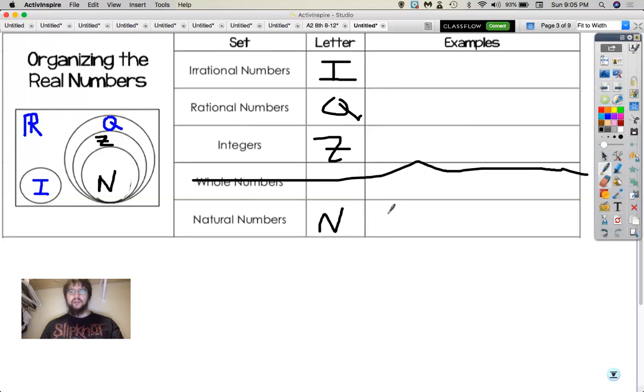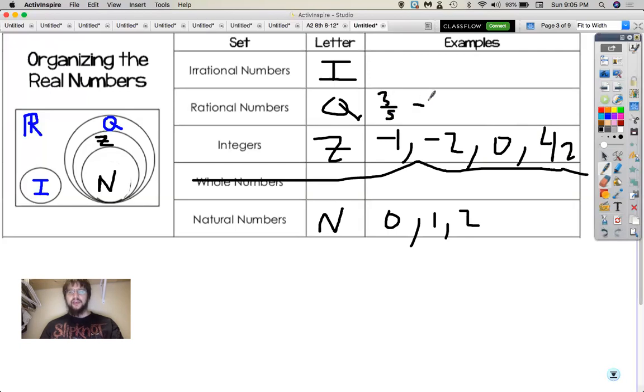And we're going to go with 0, 1, 2, 3, etc. -1, -2, 0, 42, 3/5, -1.1, 2, irrational numbers: square root of 2, pi, negative e squared, who knows, whatever. All that stuff, those are irrational numbers. That's just some examples.